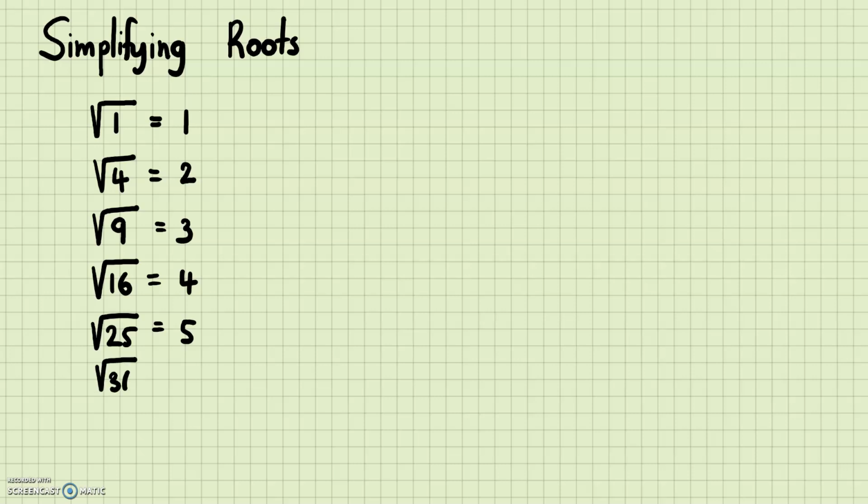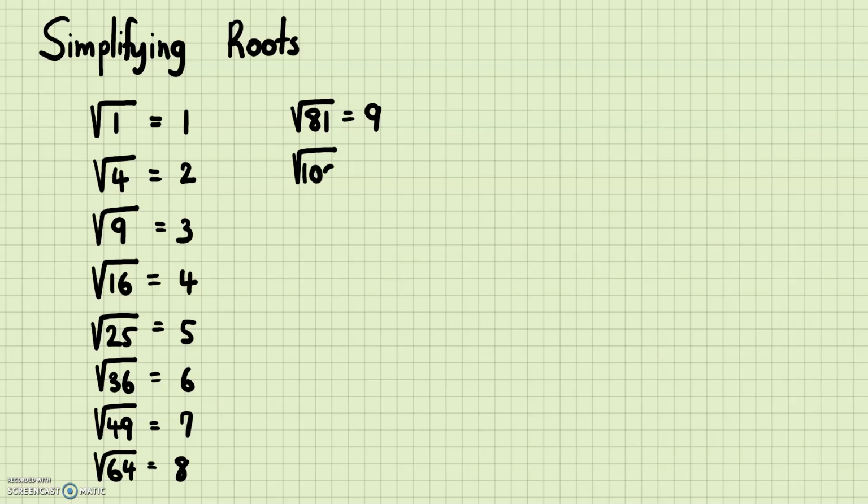Square root of 36 equals 6. Square root of 49 equals 7. Square root of 64 equals 8. Square root of 81 equals 9. And square root of 100 equals 10.